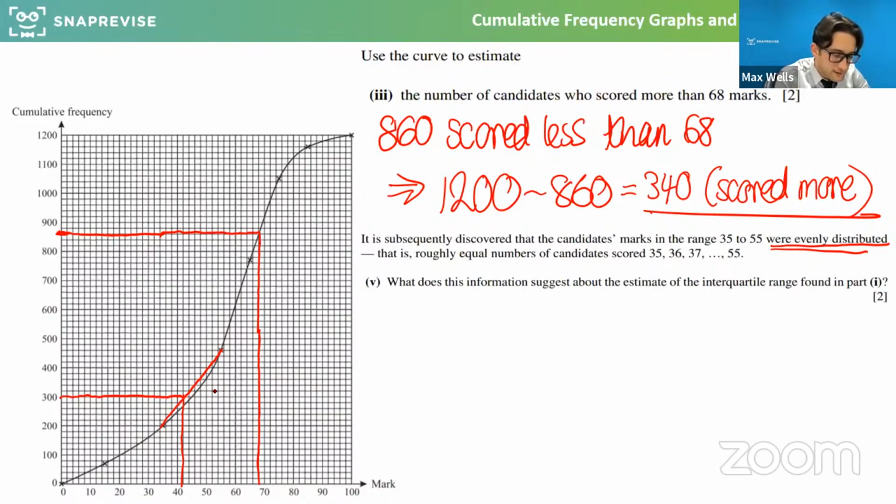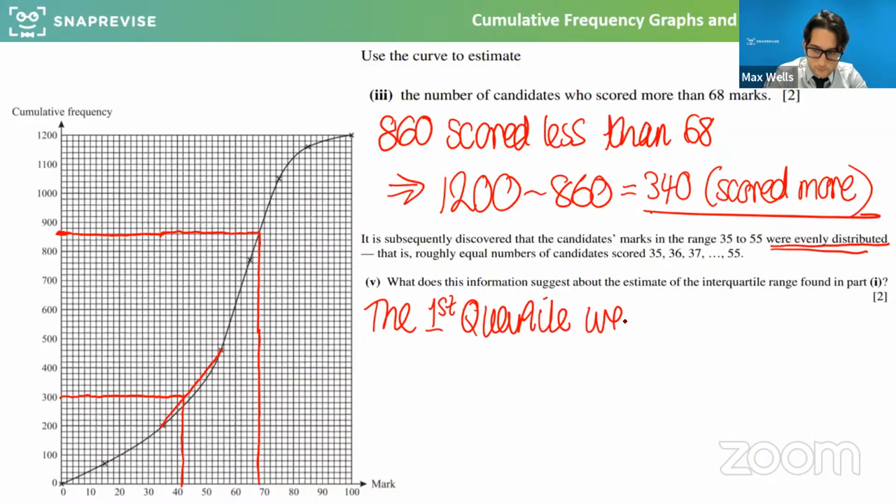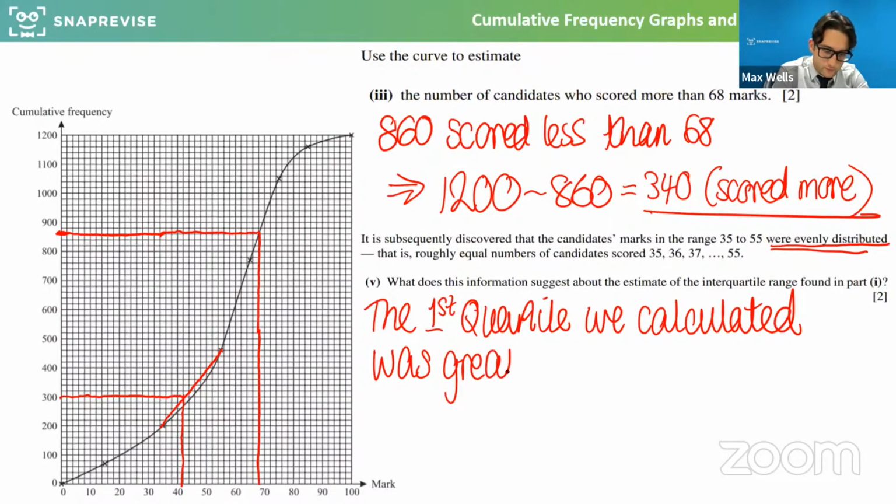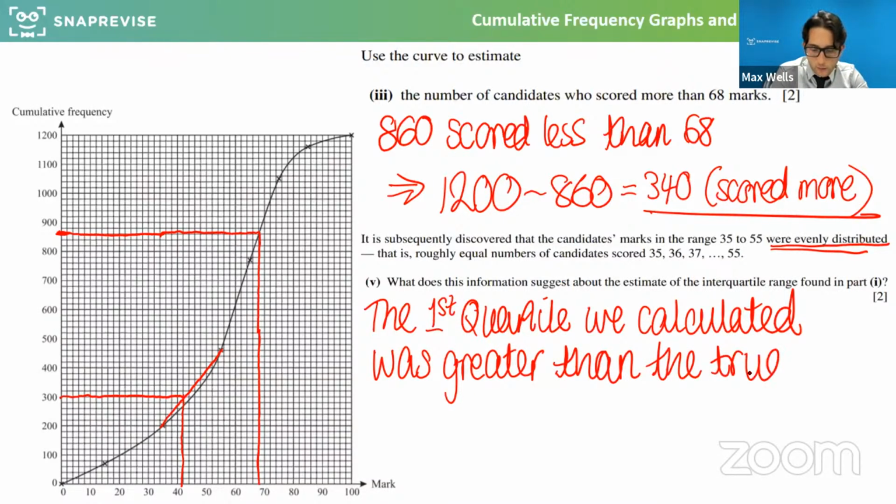So what this means is the first quartile we calculated was actually greater than the true value. So in light of this new information, we can see that earlier when we calculated the lower quartile, we got a value bigger.